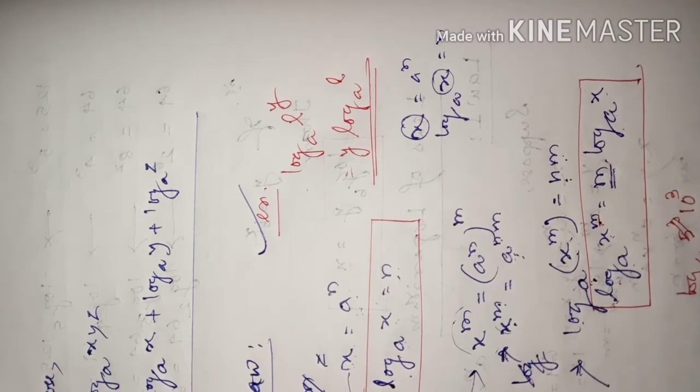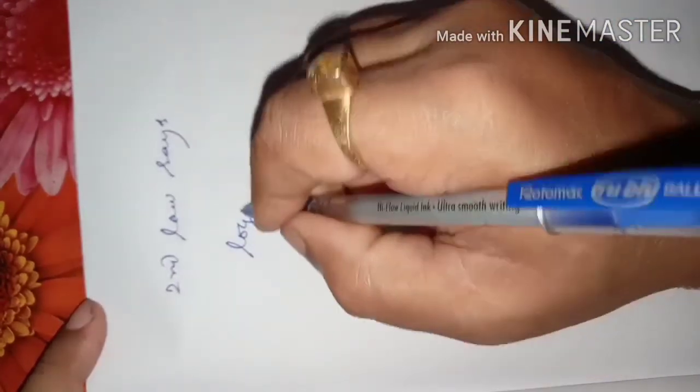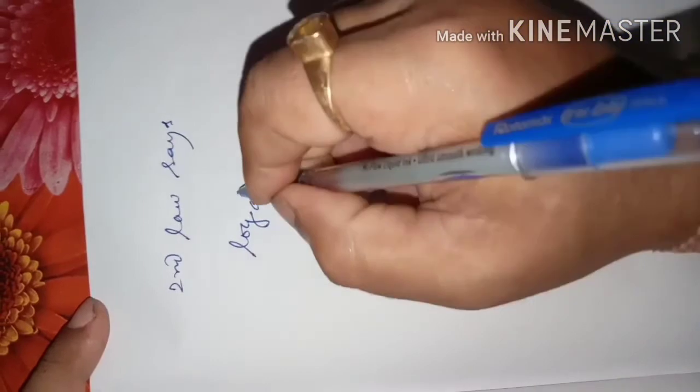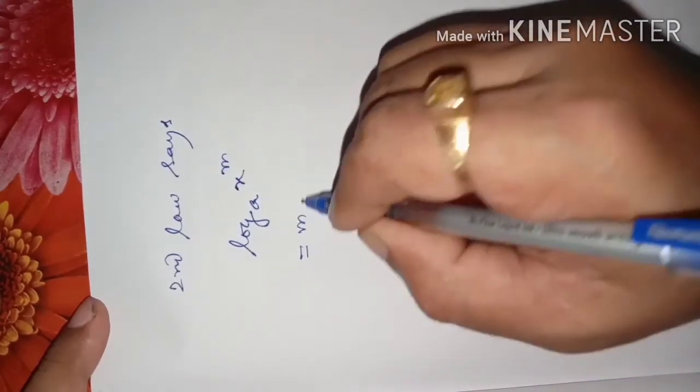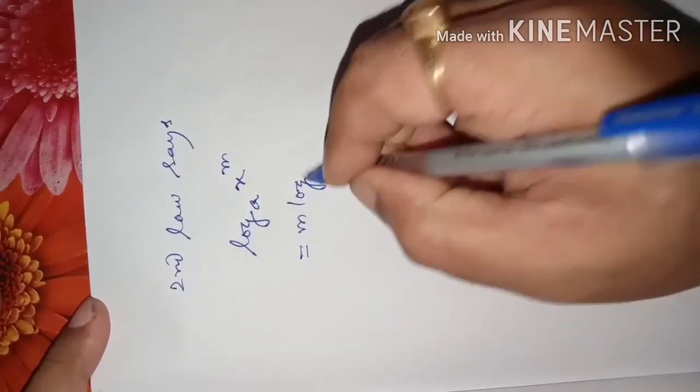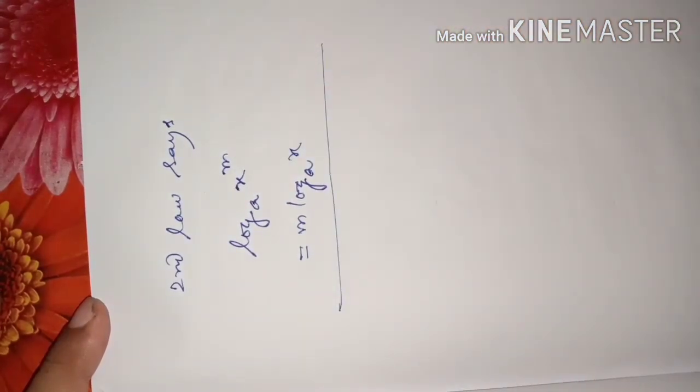Okay, that is the meaning of it. The second law says log to the base a of x to the power of m is the same as m times log to the base a of x. Okay students, this is our finding from the second law.